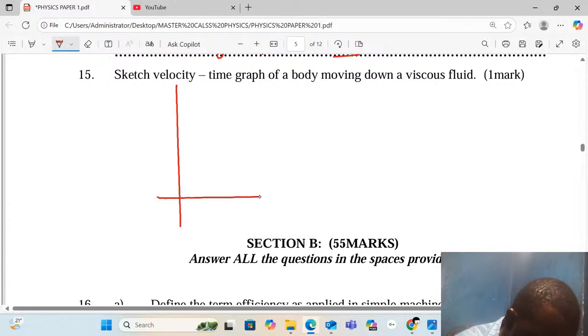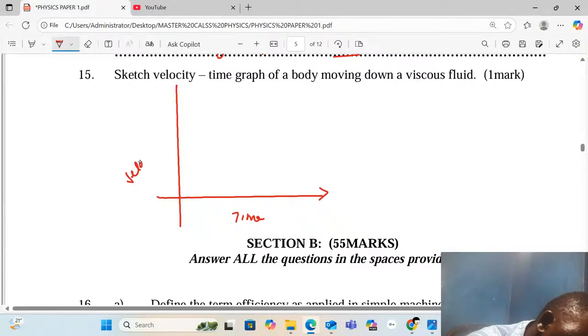So here becomes our axis. Here we'll have time, and this one will be velocity. Our time is in seconds. This velocity v in meters per second.